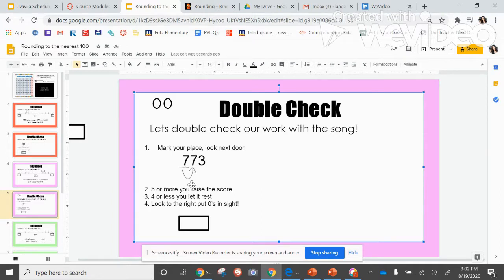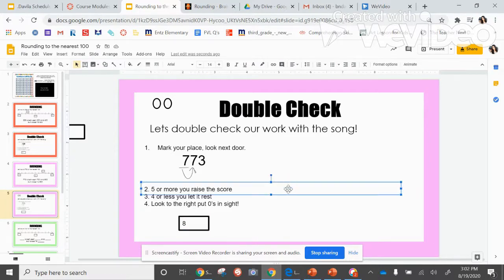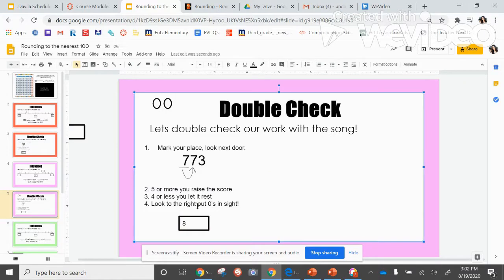It sure is. So we are going to raise the score. So this 7 makes this 7 in the hundreds place turn into an 8, okay? And it's not 4 or less, so I'm going to skip that step. Now I'm going to look to the right and put zeros in sight. Look to the right, put zeros in sight.